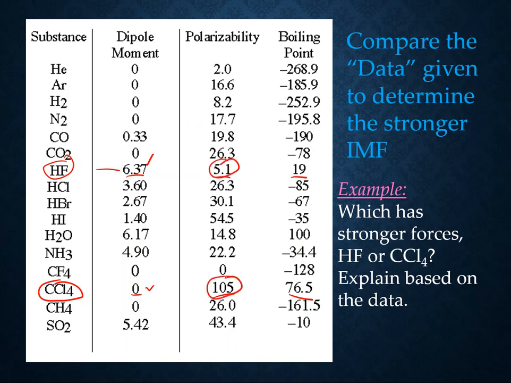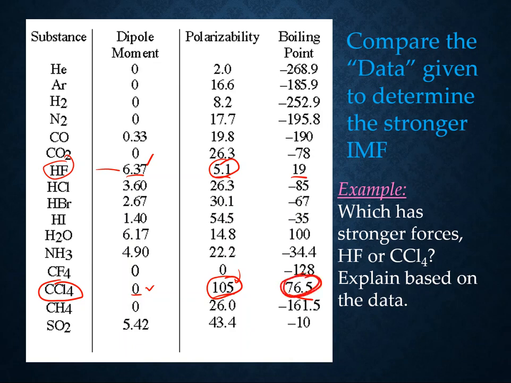The polarizability of HF, even though it's got hydrogen bonding, is not nearly as polarizable as carbon tetrachloride. Why is carbon tetrachloride so much more polarizable? What's the huge difference here? We know it's nonpolar, we know it only has London dispersion forces, but what makes it so much more polarizable? The number of electrons, it's so much more massive. So therefore, its boiling point is much higher.